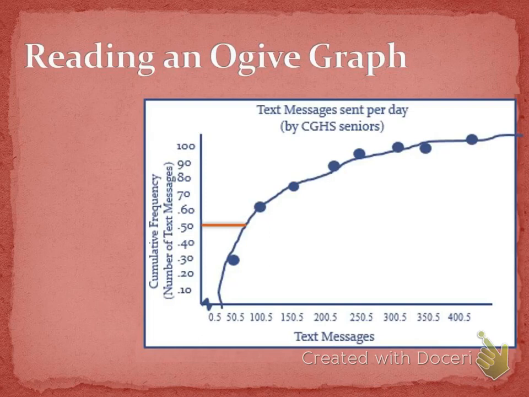Now reading it, right? In our text messages, how many text messages a day do you need to send in order to find yourself at the 50th percentile or the median, right? So again, you find 50% on the y-axis, you move straight down from there, and you appear to be somewhere.